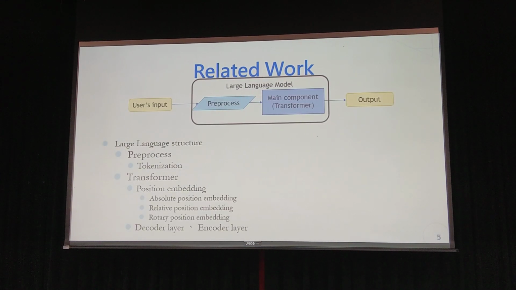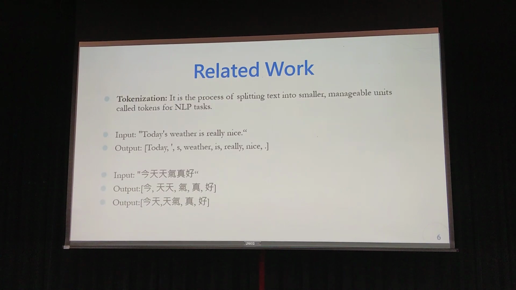This is the simplest framework of a large language model. The basic structure can be split into the processing and the main components. Because the large language model is too big, I will focus on the main sections in this work.